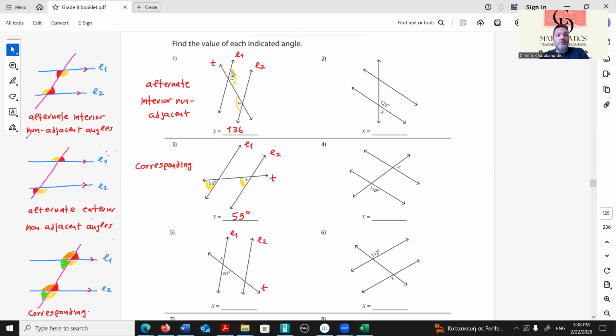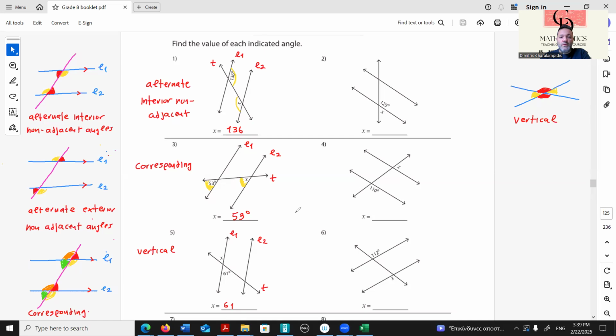So let me do two crossing lines, this and that, and this formation creates two opposite congruent angles. These two are congruent to each other, but not just these two. These two as well would also be congruent. And these are called vertical. And we should keep in mind that vertical angles are always congruent to each other, so x should be equal to 61.